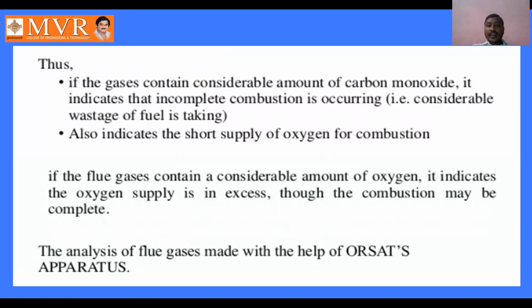Thus, if the gases contain a considerable amount of carbon monoxide, it indicates that incomplete combustion is occurring. It means that if carbon monoxide has been released, we should know there is incomplete combustion happening in the furnace. That is, considerable wastage of fuel is taking place there.